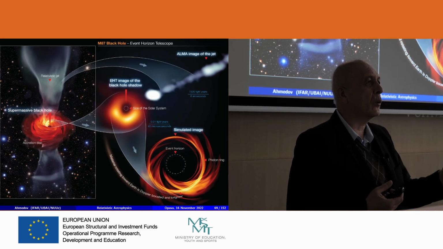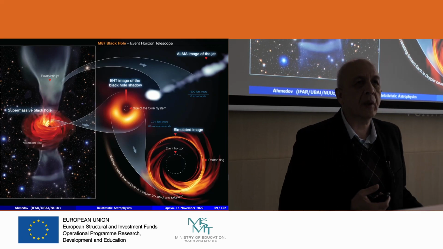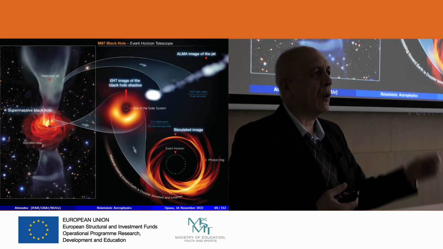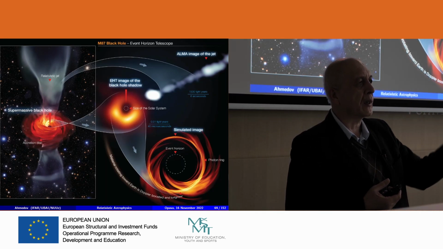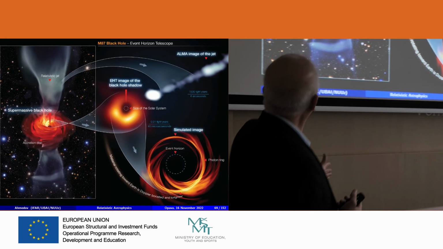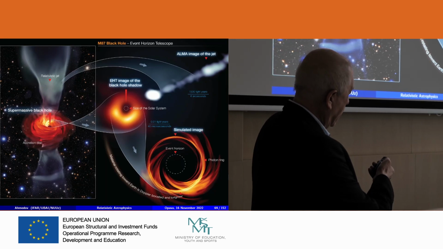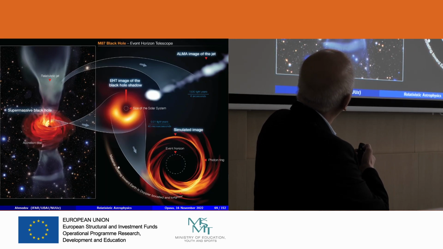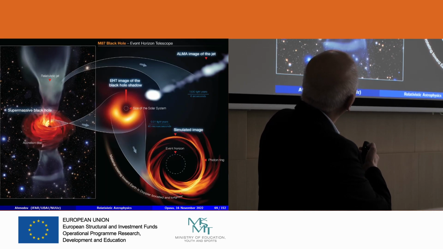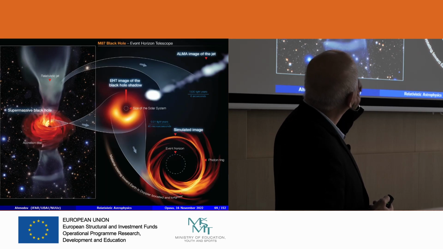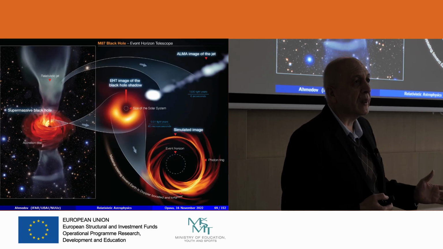You need to go to the sub-millimeter, usually 0.87 millimeter or 1.3 centimeters. There are two wavelengths in which this operates, and luckily in 2019 the Event Horizon Telescope announced the first image of the supermassive black hole.